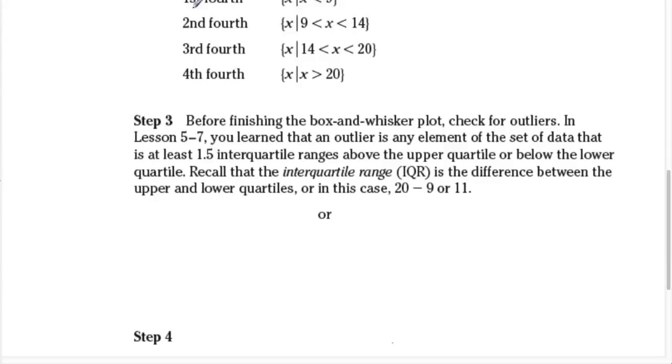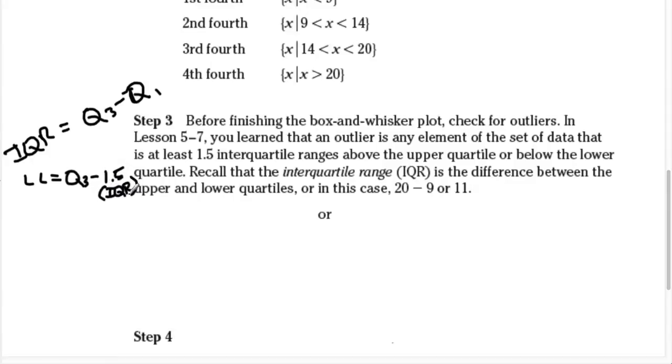When you talk about your IQR, we know that your IQR is equal to your Q3 minus Q1, the upper quartile minus the lower quartile. And when you want to find the limits of your outliers, we can find the lower limit. The lower limit would be your Q1, which is your lower quartile, minus 1.5 times your IQR.